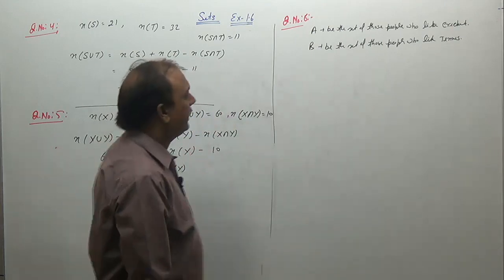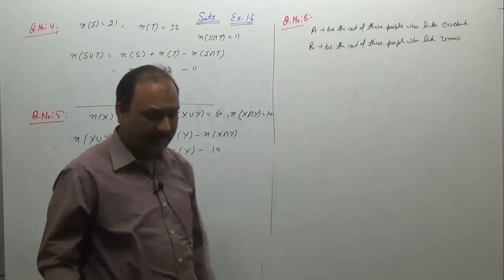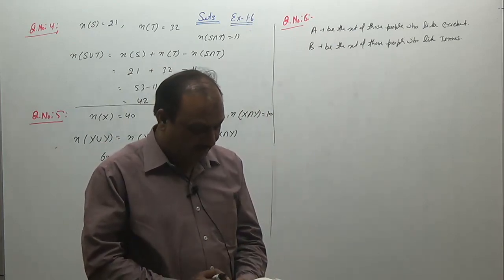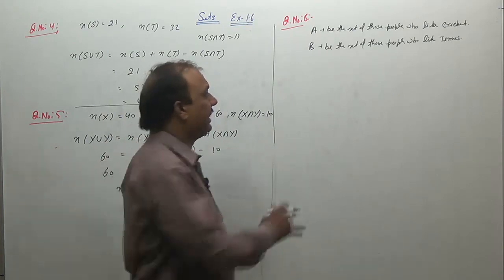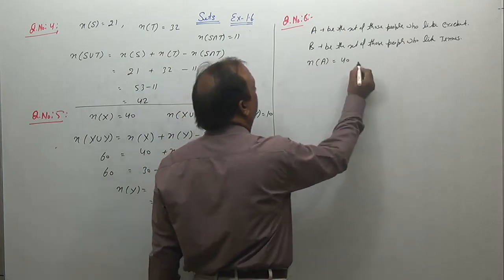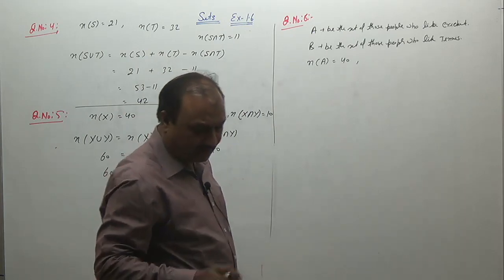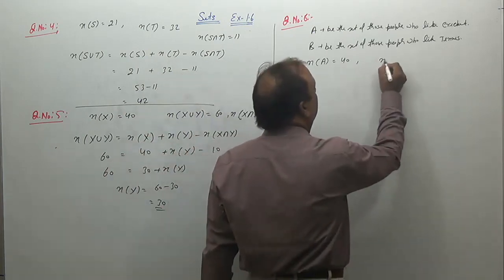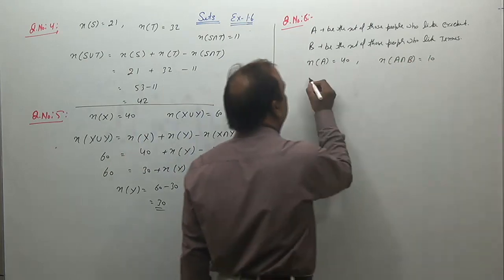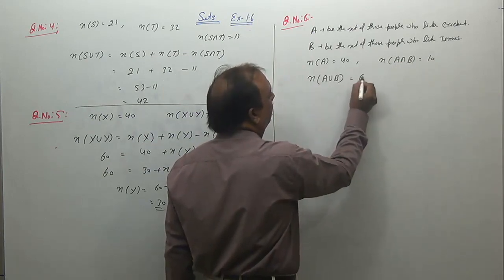And there are the given observations: in a group of 65 people, 40 like cricket, that is the number of elements of set A is 40, and 10 like both cricket and tennis, that is n(A intersection B), those who like both, these are 10. So n(A union B) becomes 60.